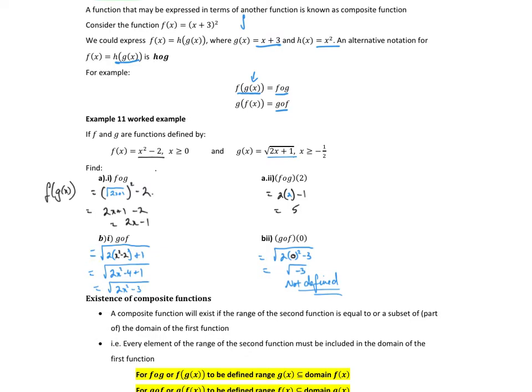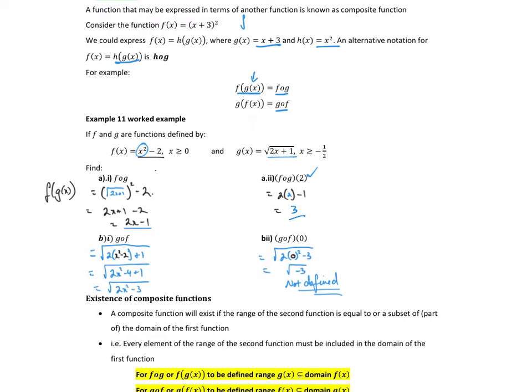We get the square root of 2x plus 1 all squared, so the square root and square cancel. I get 2x plus 1 minus 2, so the function 2x minus 1. That's my composite function. If I want to evaluate that at a point, I substitute 2 in, and I get 2 times 2 minus 1, which, if you weren't concentrating, you might write down 5, but it's 3.